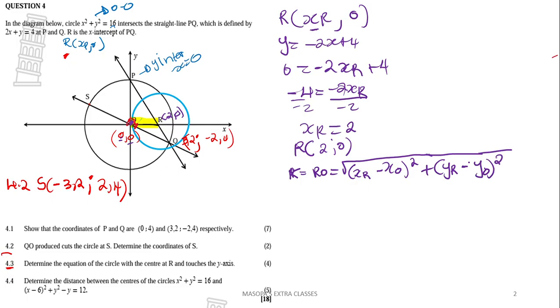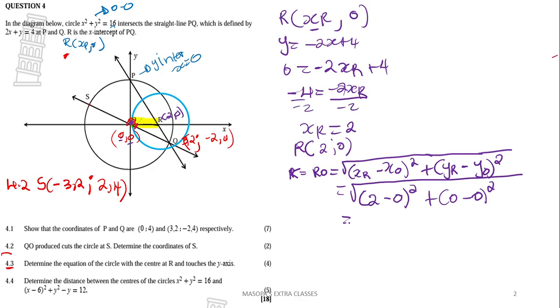The x coordinate of R is 2, minus that of O, the center of the big circle, which is 0, plus your y of R, which is 0, and your y of O is also 0, all squared.